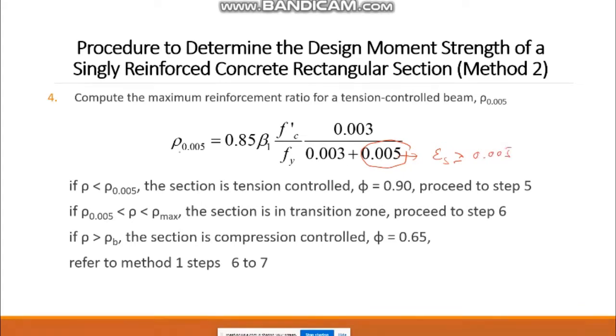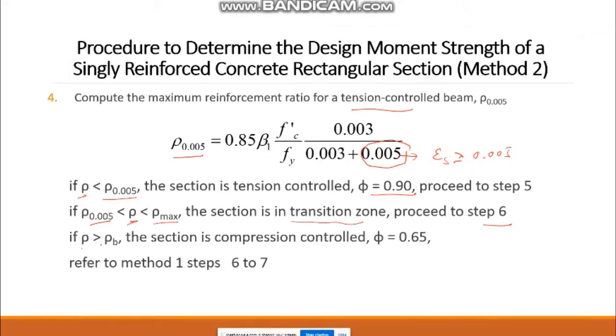So pag kinumpute natin ang atong kanina, steel ratio, if this is less than 0.005, since this is the maximum steel ratio for tension control, dapat less than ang ato para mahimo siya nga tension control, no? So, ang imong rho is greater than 0.005 but less than rho max, then transition zone siya. Proceed to step 6.